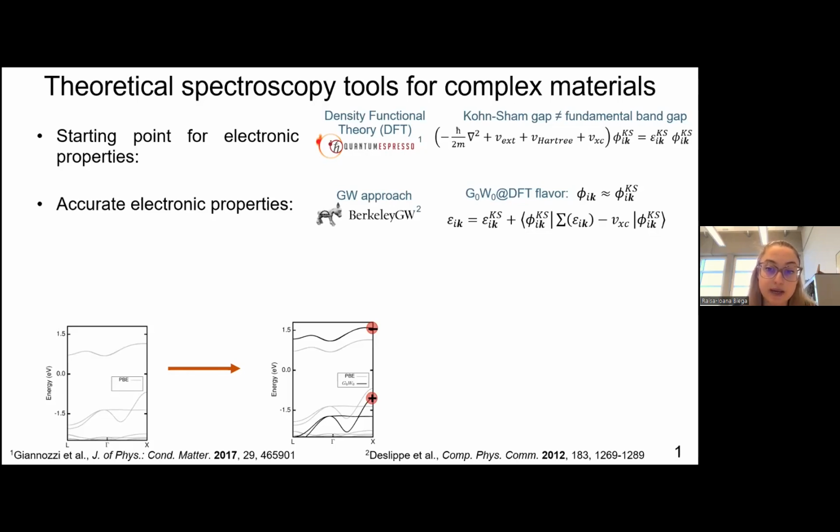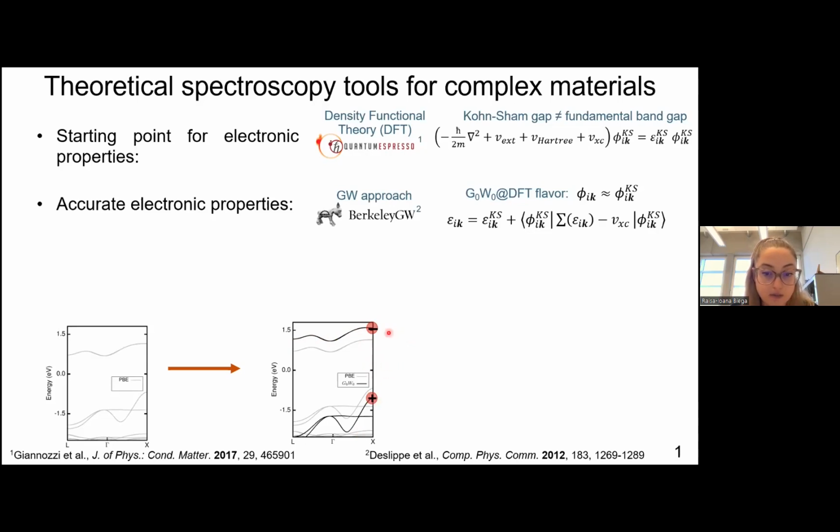What I do in practice is basically to get the eigenenergy that I get from DFT, and then to correct it with this term, basically this term that contains the self energy and the exchange correlation potential. So when you do this, then you get a more accurate electronic picture, so band structure. This is here represented in black, and then you get an opening of the band gap very well.